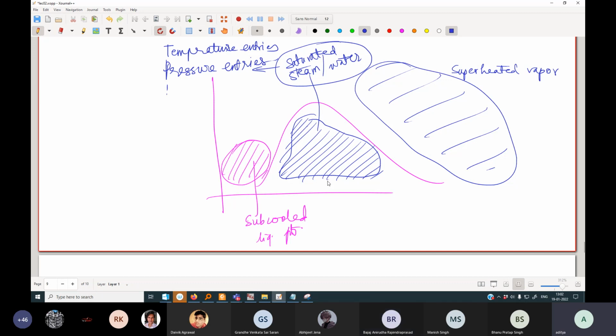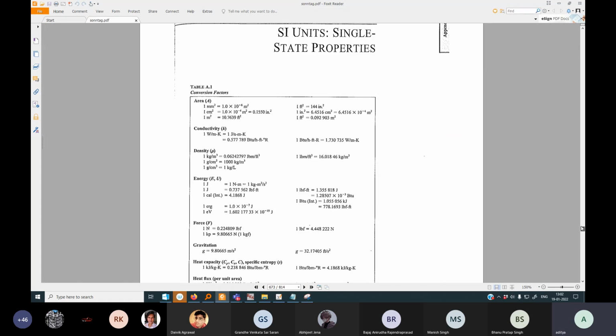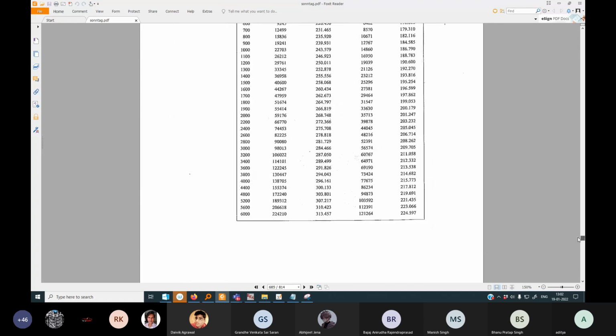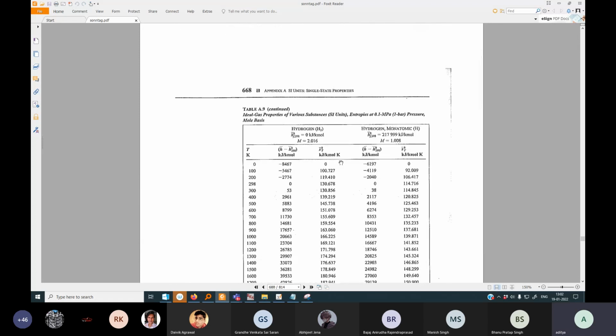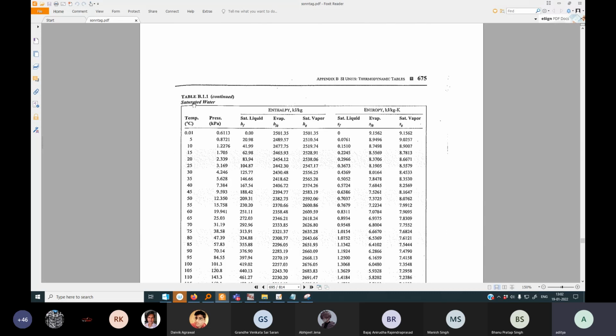So, comprende? You are talking about the values which are not present in the tables, no? Exactly. I'm talking about precisely those values. Suppose someone says, just as an example, give me the property of saturated water at 47 degrees Celsius at some quality.